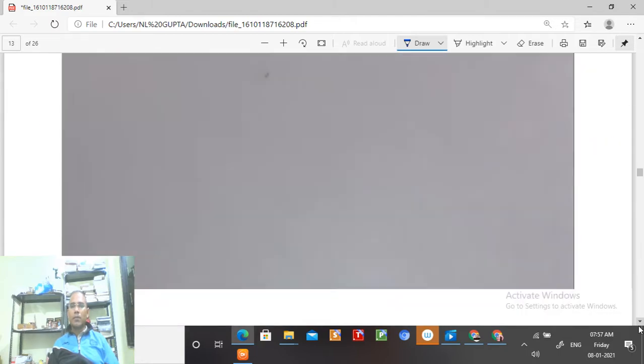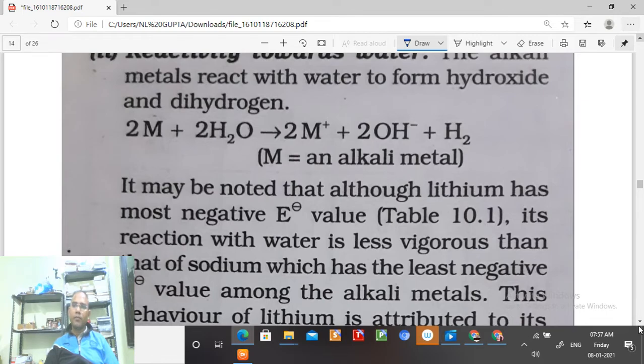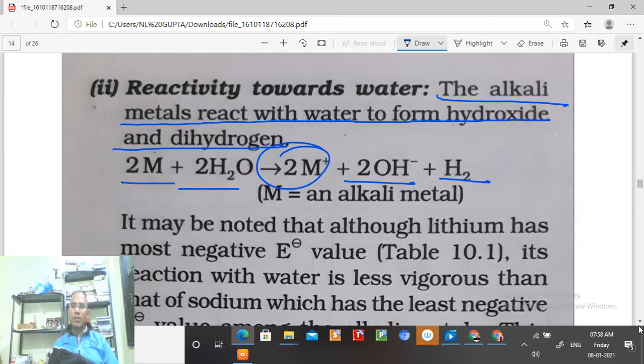Okay, next property. Reactivity towards water. The alkali metals react with water to form hydroxide and dihydrogen: 2M plus 2H2O gives 2M plus 2OH minus plus H2.